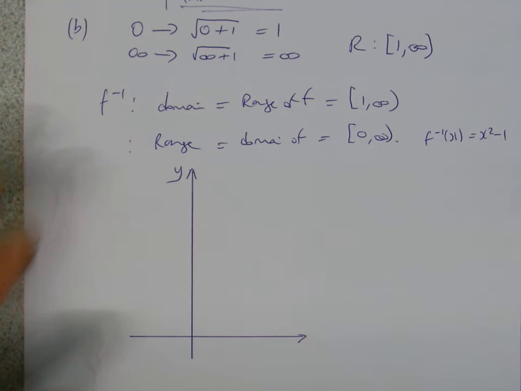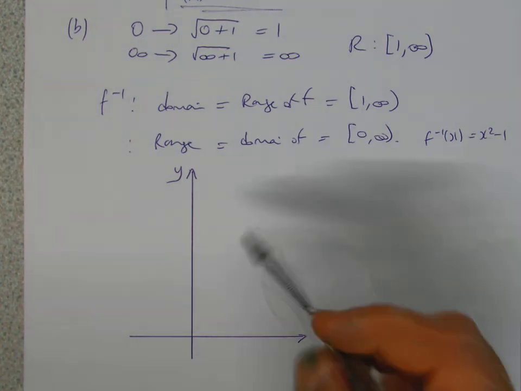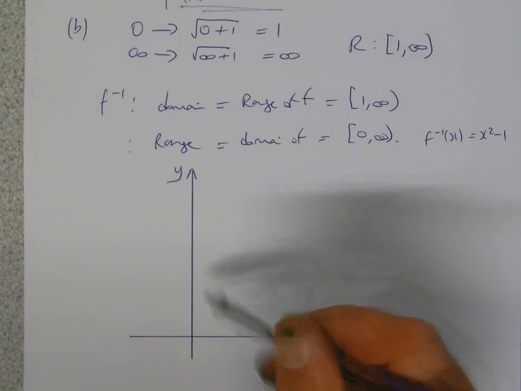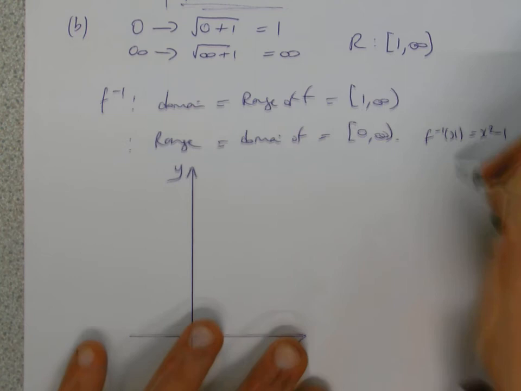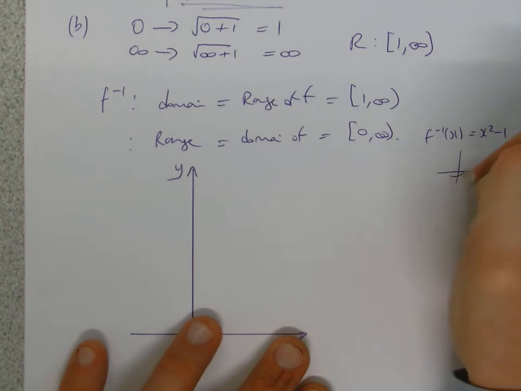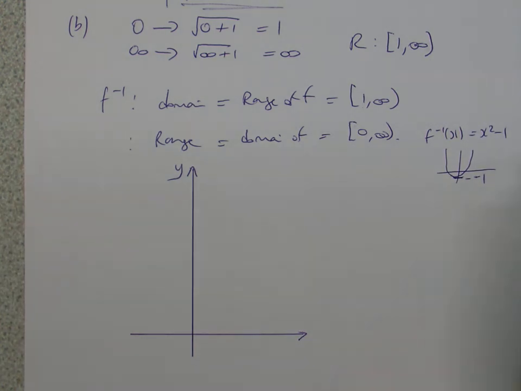I'll write it here so we can see it. We know what x squared minus 1 looks like, quite simply, it's x squared, a smiley face, shifted down 1. Just to remind you, that's what it is. So the minimum there is minus 1.